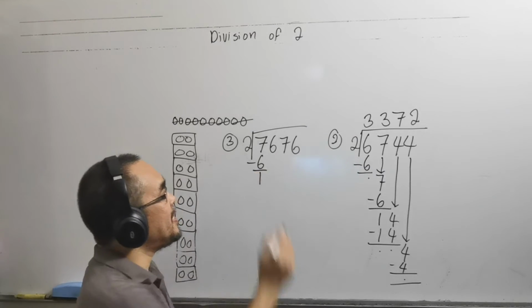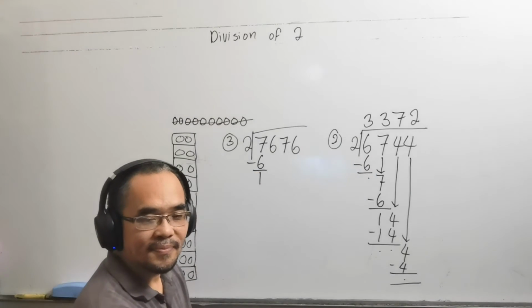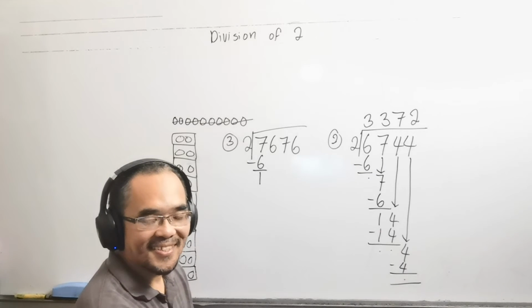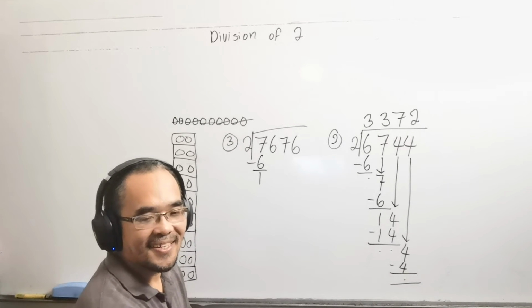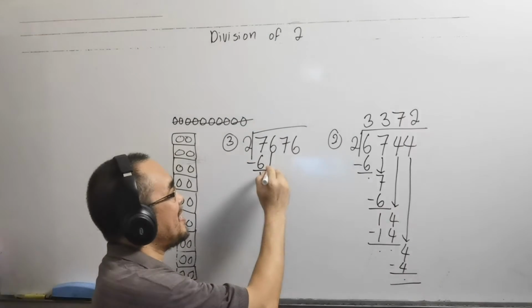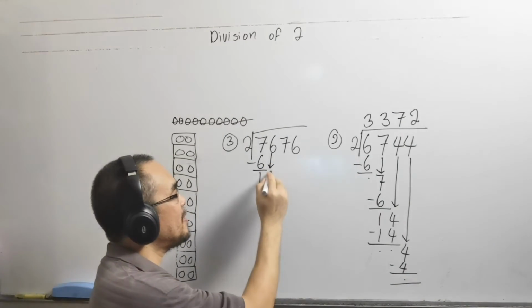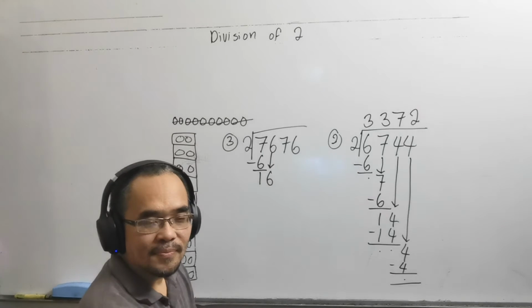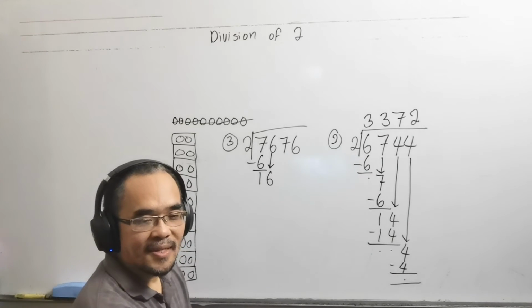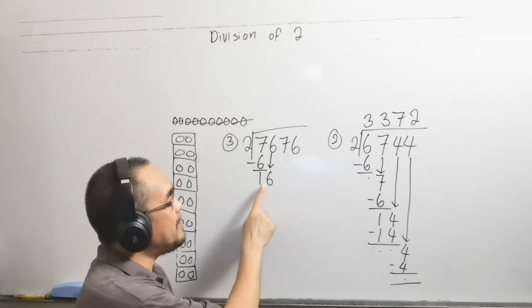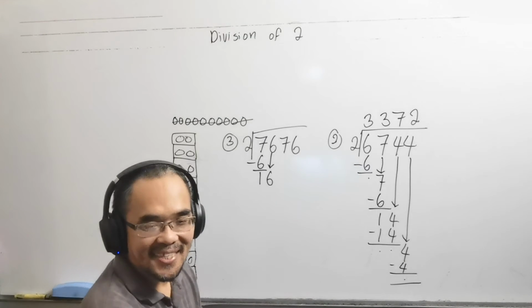Write down 1 here. Bring down. Not yet. Now it becomes 16.